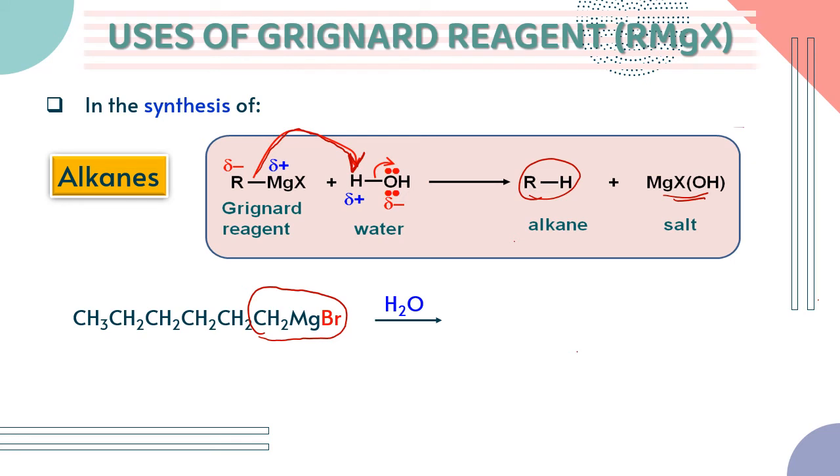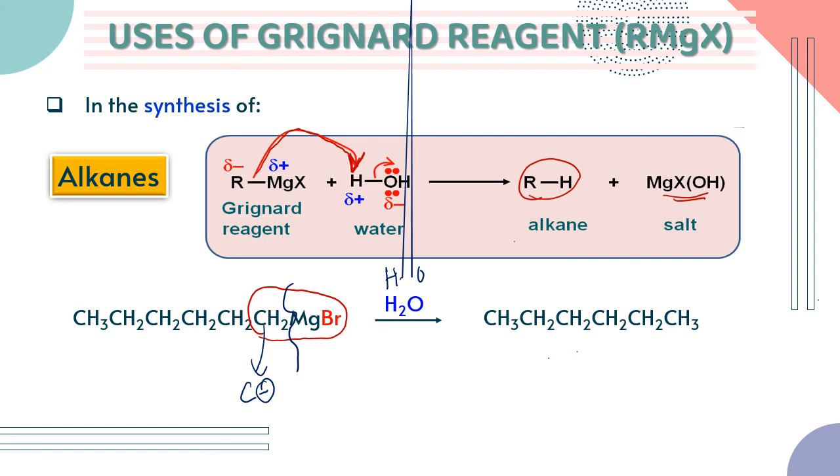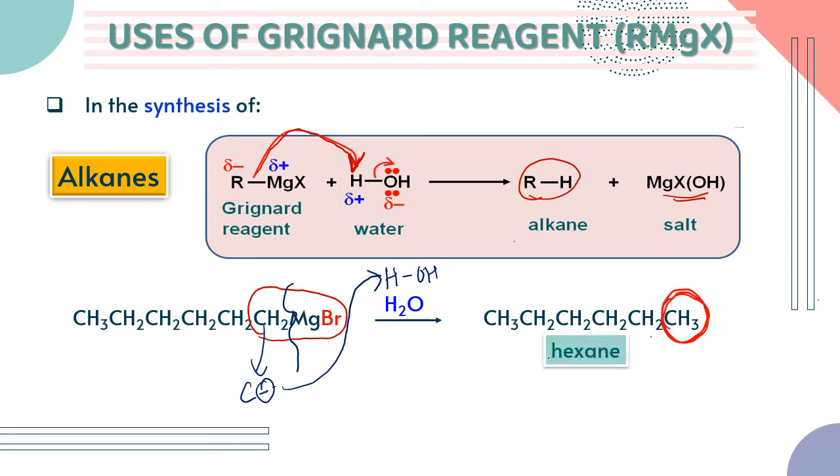What's going to happen is this Mg-Br bond will break, and the C over here will become C minus, a carbanion. That carbanion will take the hydrogen from HOH. So it will form an alkane at the end here. It will form the carbon-hydrogen bond. So we will get hexane.